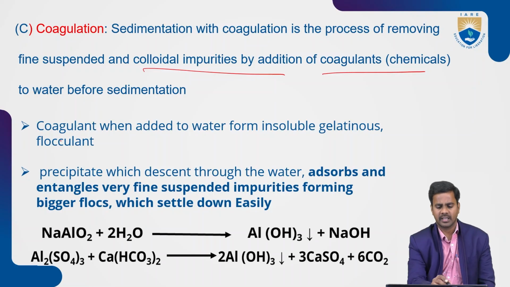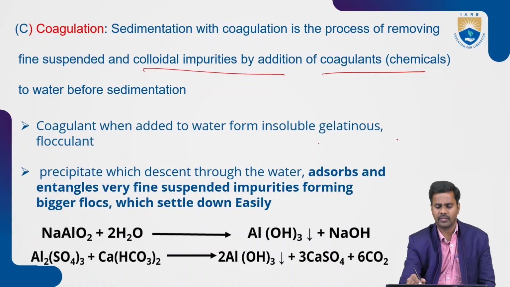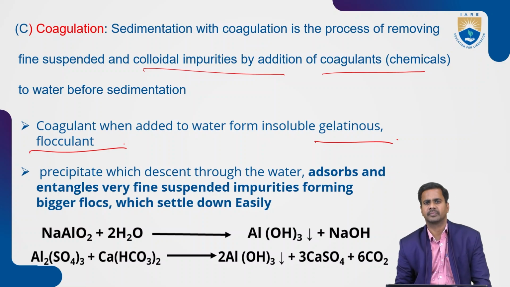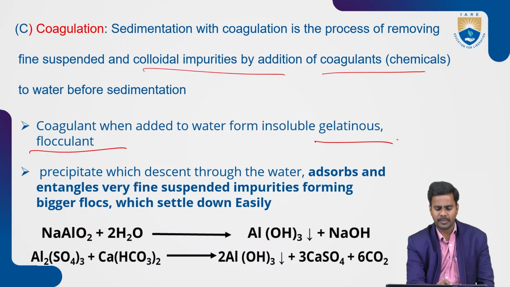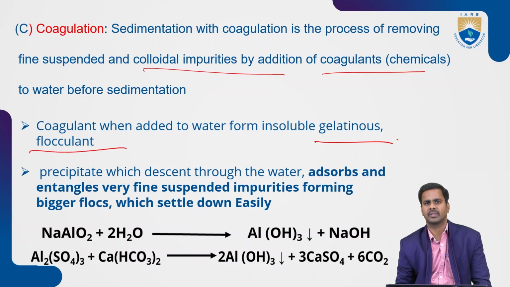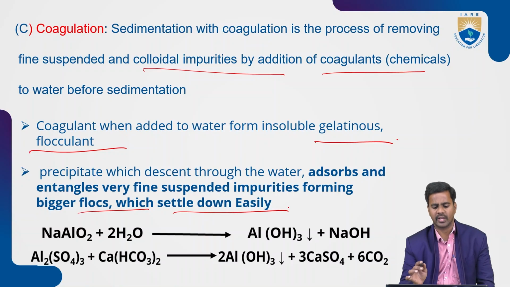Coagulants when added to water form insoluble gelatinous flocculant precipitates, which descend through the water, absorb and entangle very fine suspended impurities, forming large flocs which settle easily.